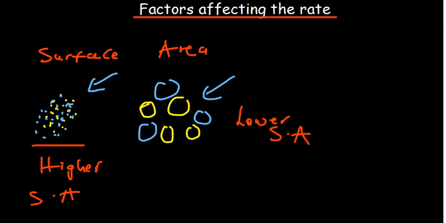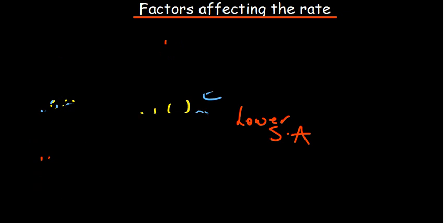So the higher the surface area, the higher the rate of the chemical reaction. That's what you need to understand there. The higher the surface area of the particles, the higher the probability of the particles getting to collide with one another. This usually deals with solids, as you've seen in my description.